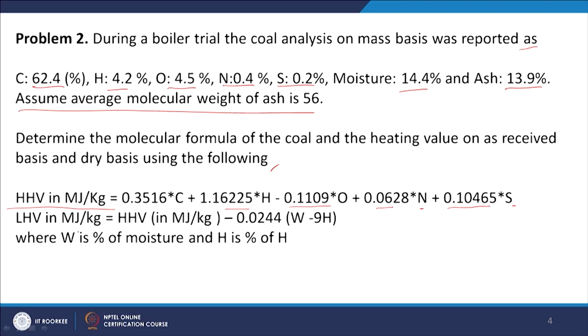And LHV in megajoule per kg is equal to HHV minus 0.0244 into W minus 9 H, where W is the percentage of moisture and H is percentage of hydrogen, it is given. So, we have to determine the molecular formula of the coal and the heating value on as received basis as well as dry basis.